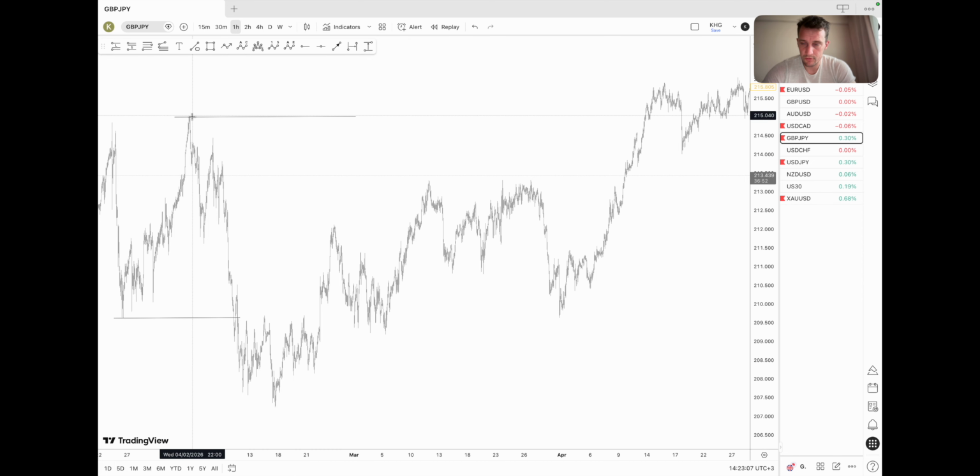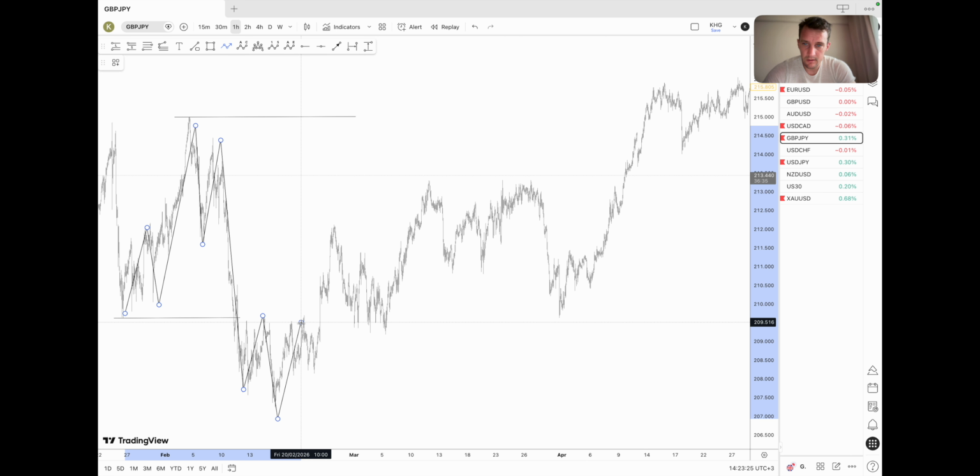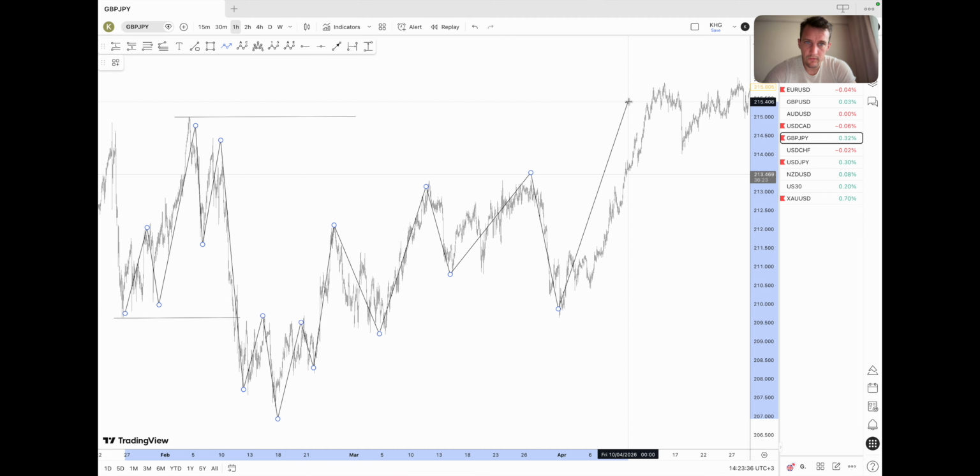So you mark out your swing lows and your swing highs, and you want the price to violate that swing low. So you want to wait for a market structure shift, which happens right here, and now you want a retracement back to B, and then you get in and target your swing highs.